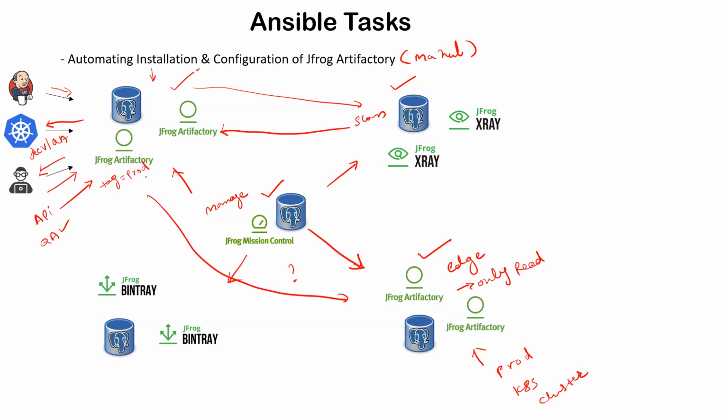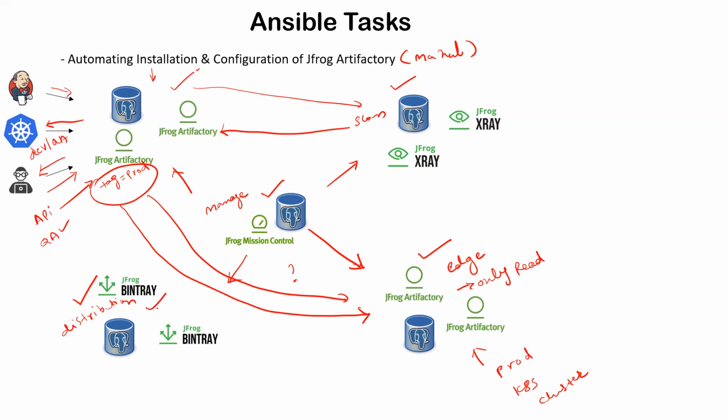Once that tag is added, there is one more component in JFrog called distribution. That component reads, on a timely basis, the artifacts which have the specific custom tag. Whatever artifacts have that custom tag will first be copied onto the edge node.